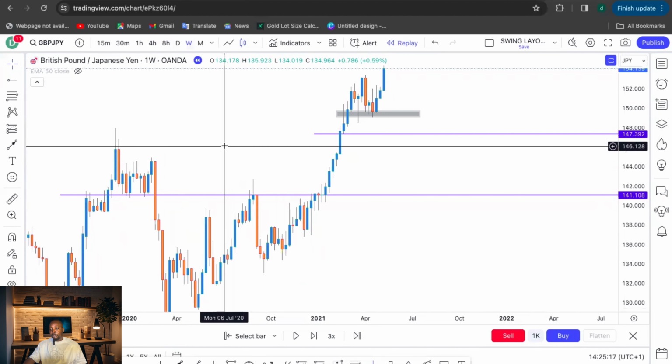If we have that kind of setup, it will even give me the courage to hold the trade because I target previous highs or previous lows. But if you have a weekly confirmation showing me that it is in this same trend, it gives me the confidence to hold the trade for higher targets.